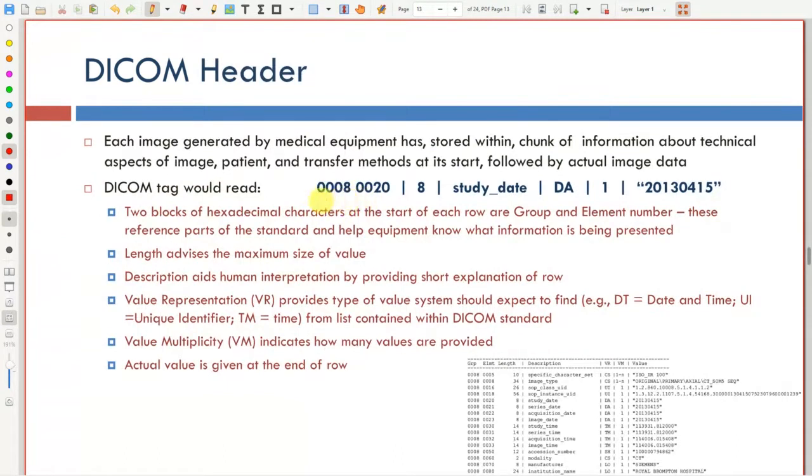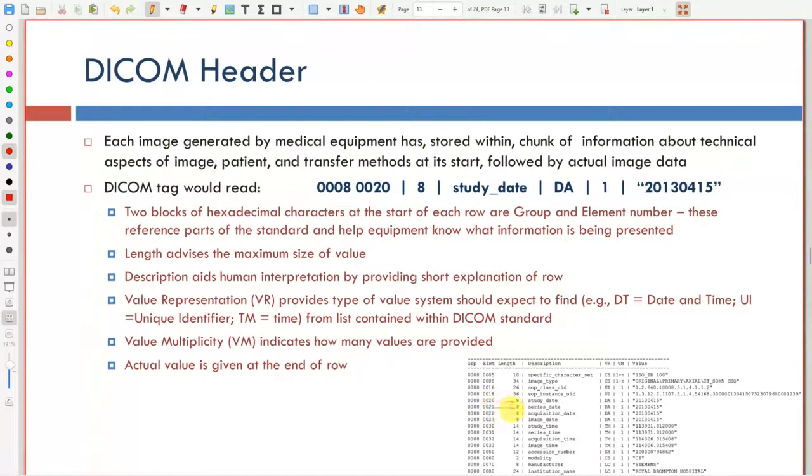which has the pieces of information that are included in the header. You have certain tags, and each one of these tags corresponds to a certain piece of information. Usually you have a certain code, and this code is easy for the machine to learn. For example, if you have a tag that has 0020 or 0021, the machine can know that this 20 corresponds, as you see here, to the study.